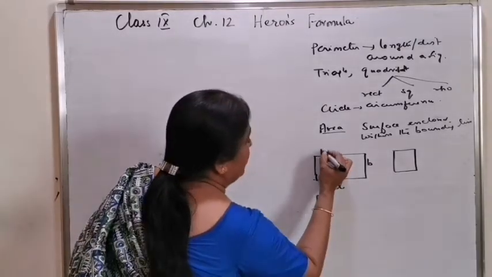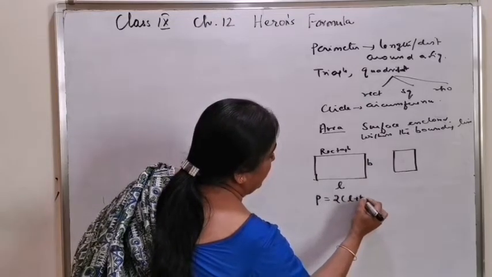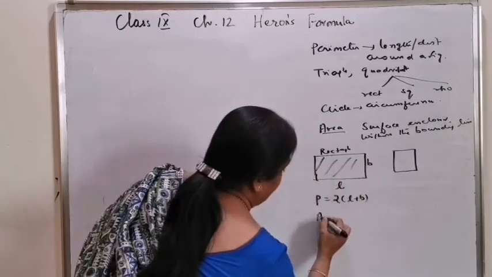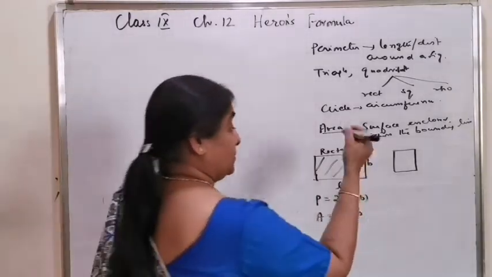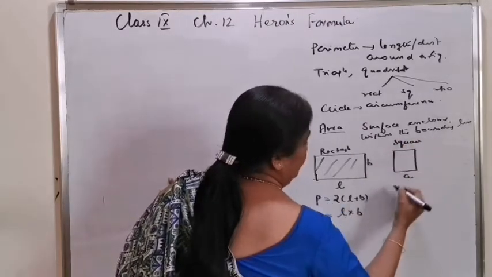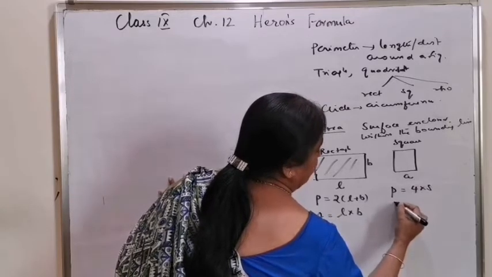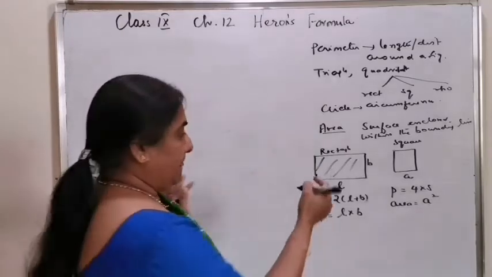Its perimeter is 2 times (L plus B) and the area is length into breadth. Whereas a square has equal sides. Therefore, perimeter is 4 into side and area is equal to side square.